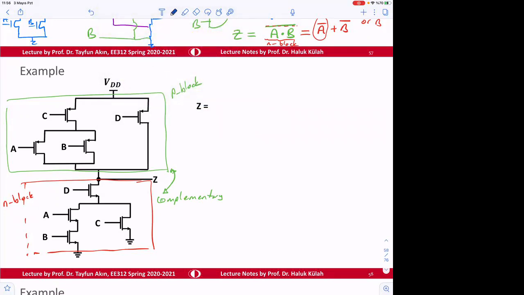from the equation here, I can write A and B or C and D. When this is valid, output is going to be low. So therefore, there's going to be a bar here.